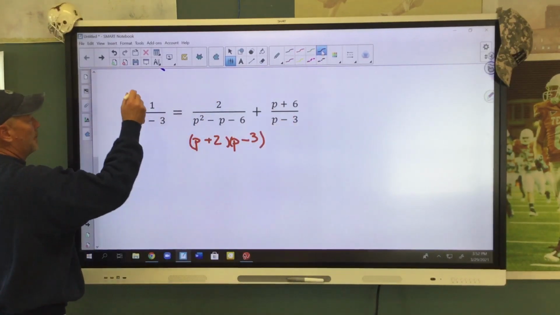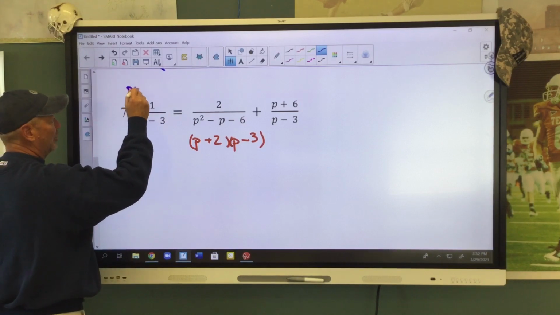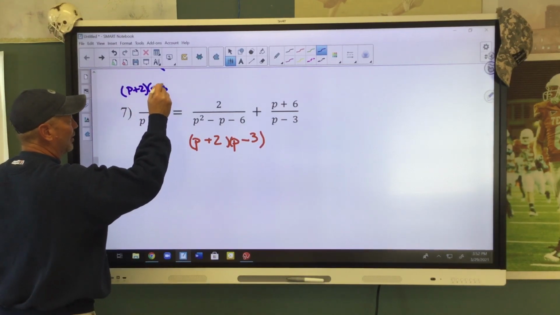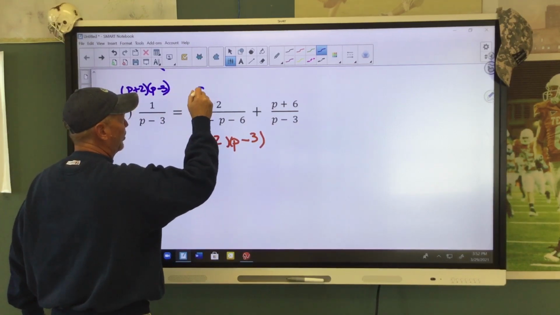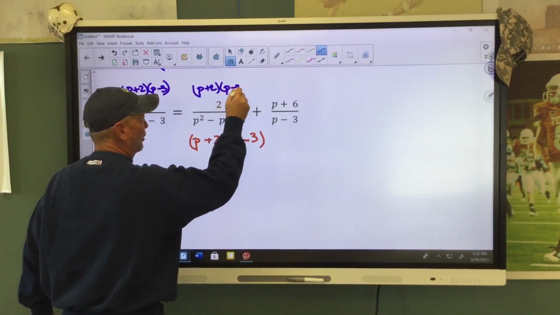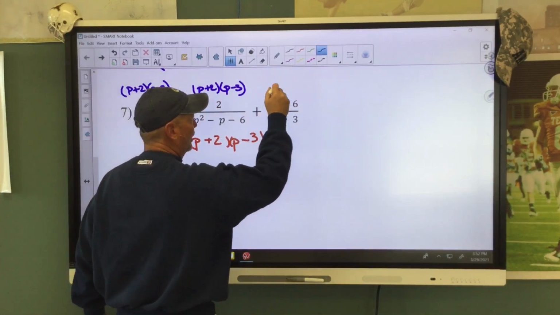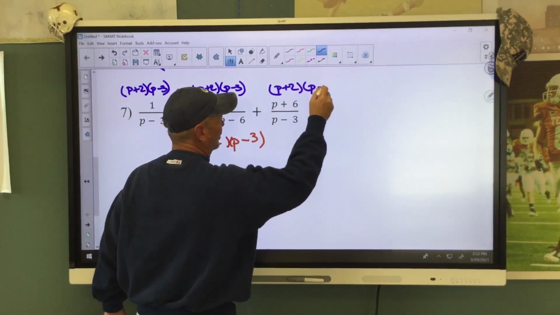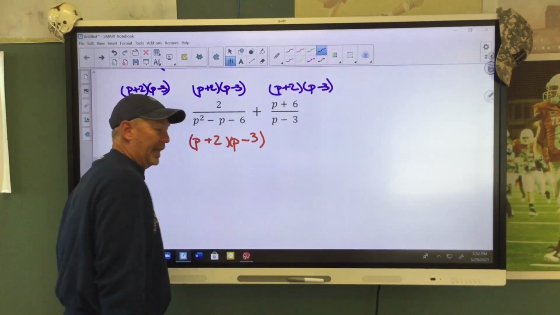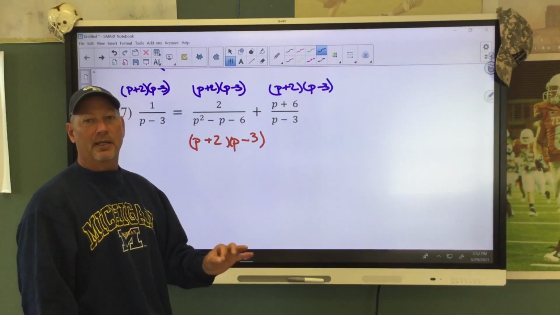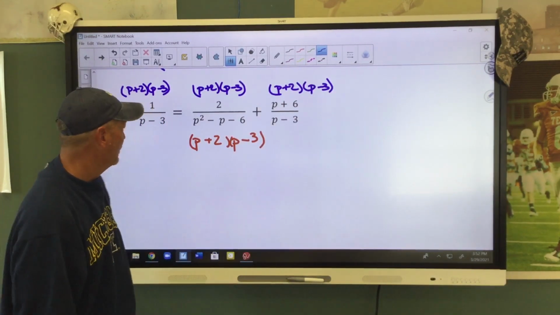So I'm going to say p plus 2, p minus 3, for each term. And again, some teachers may show you the shortcut, but I'm going to make sure that we don't make any mistakes and leave something out.